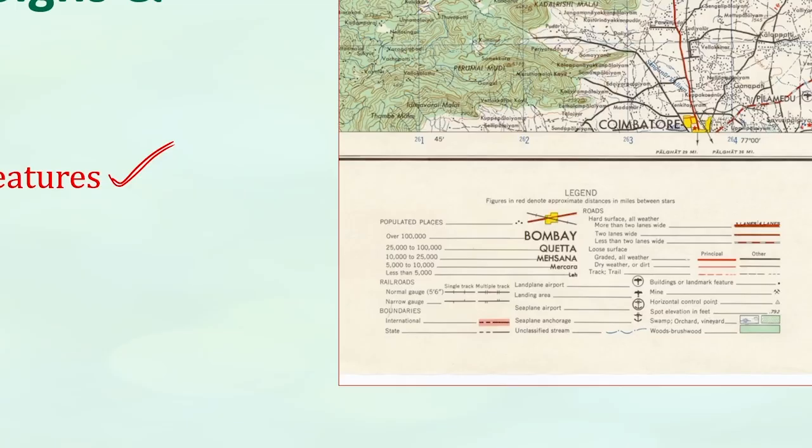These conventional signs and symbols are generally mentioned at the bottom of the map, both on the right hand side and left hand side. If you look at the hard copy topographic sheets, on the left and right hand side, at the bottom of the topographic sheet, in the name of legend it will be given. Okay. The symbol, and next the symbol is mentioning what type of relief, it will be given, right.